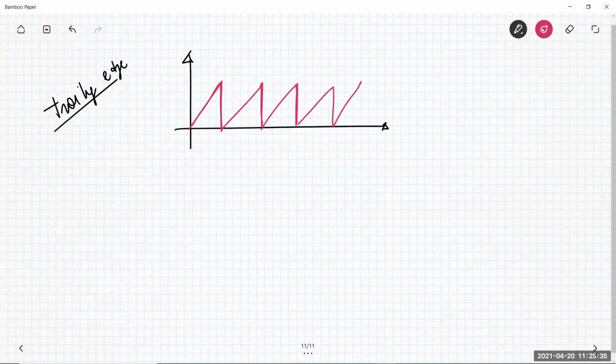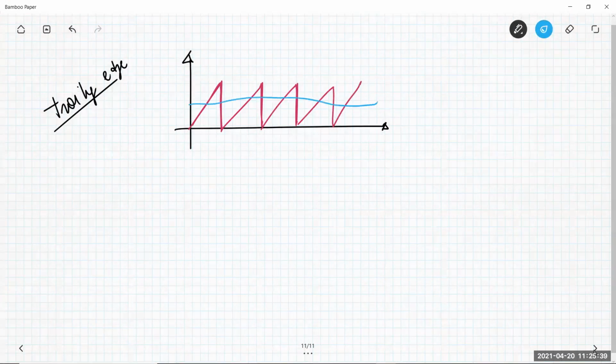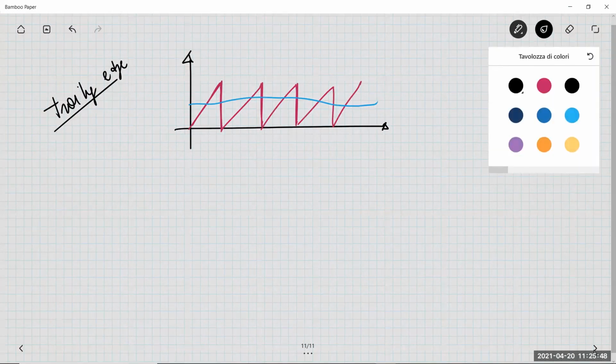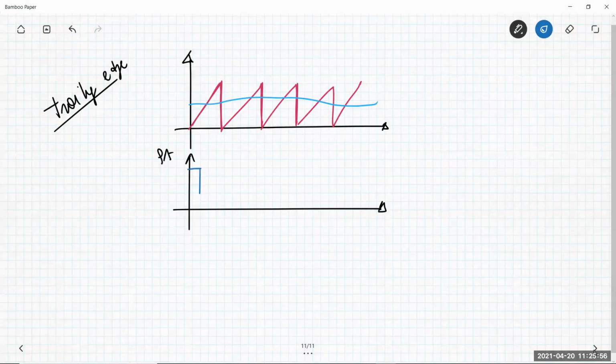The action of the modulator is performed in the same way. You have the triangular waveform, this sawtooth, and the control voltage.